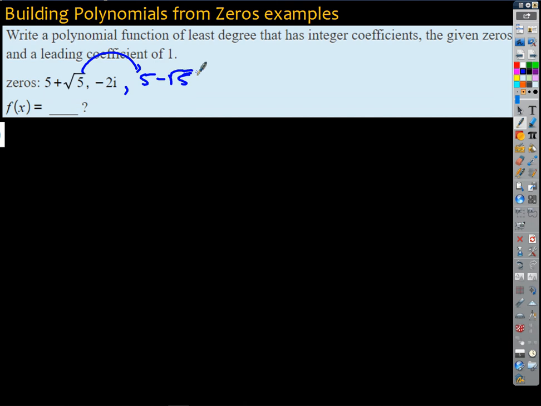Okay, and that's by the irrational root theorem.